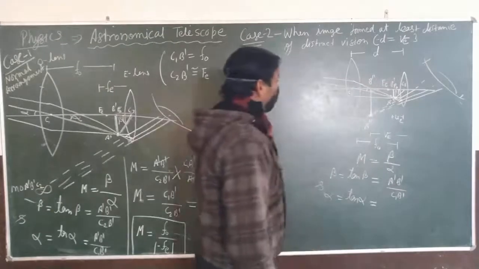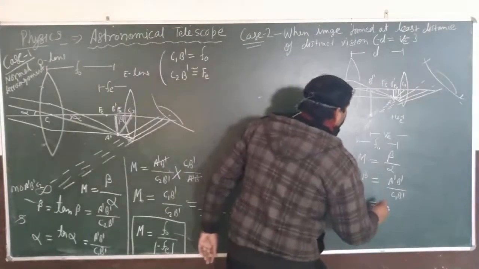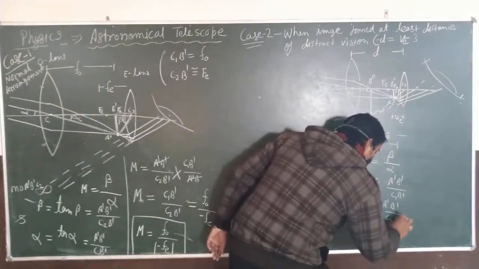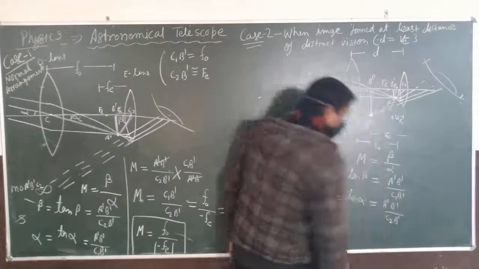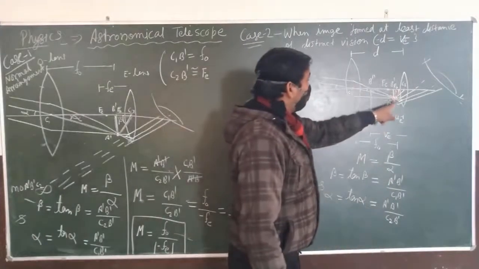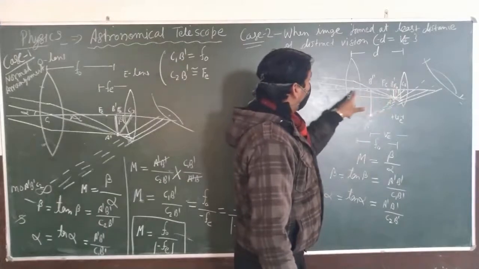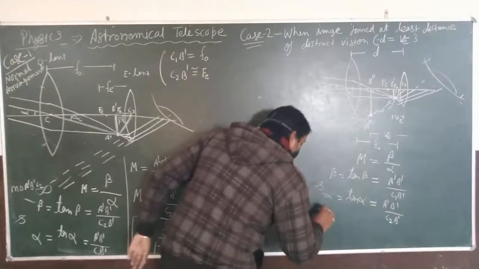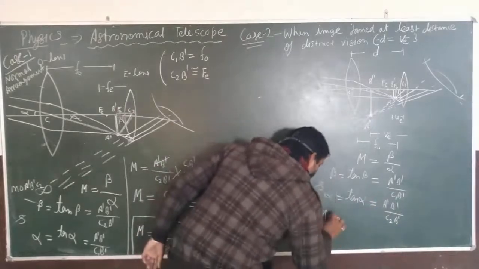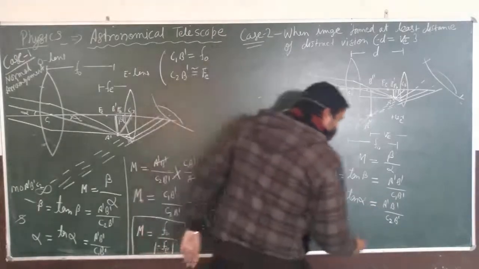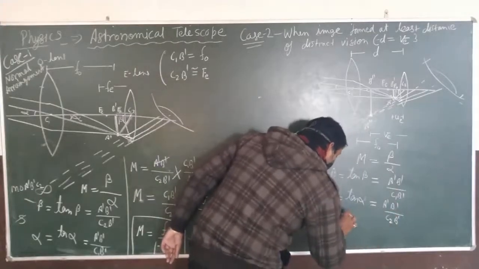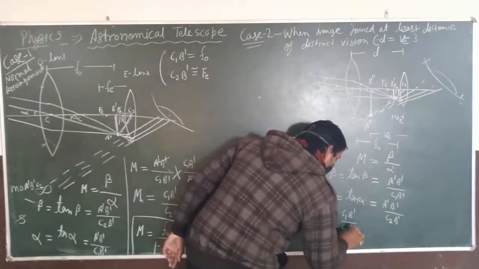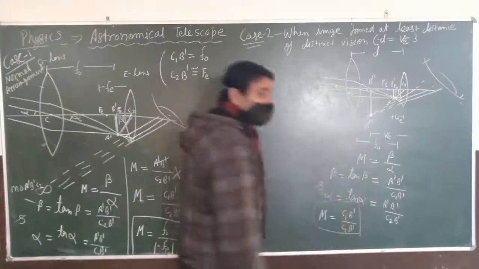And this value is A dash B dash upon C2 B dash. Okay, the same value for objective we are calculating here. Okay, so from here what you get from alpha, C1 B dash equal to C2 B dash. This is the first condition.